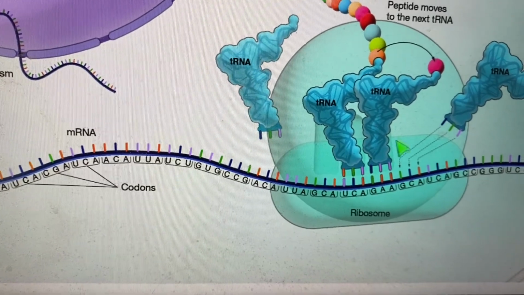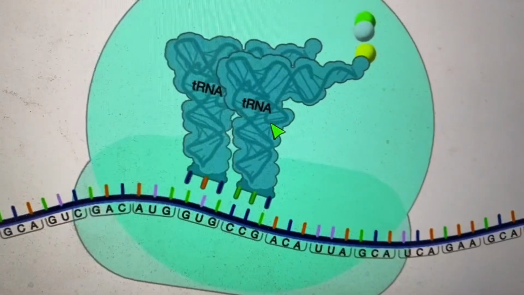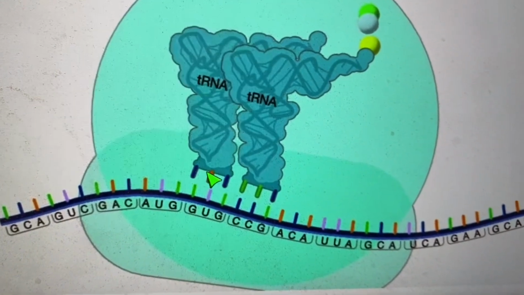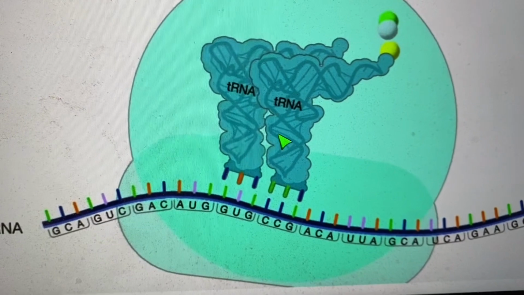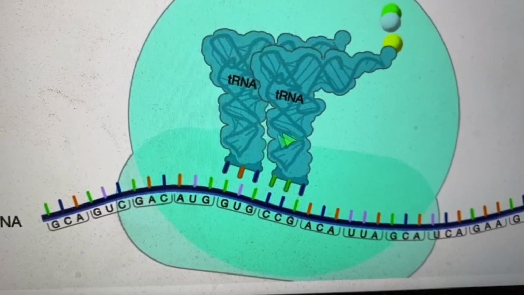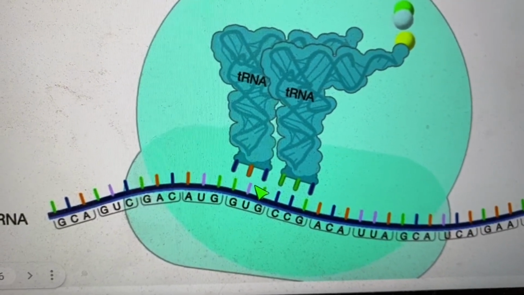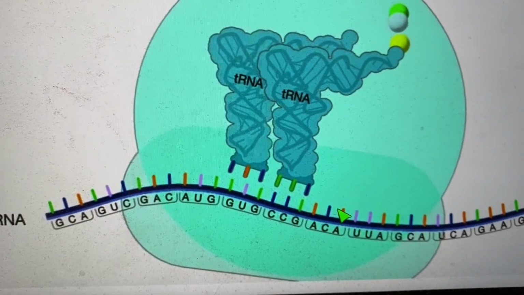If those match up, they'll drop off that amino acid. This is called translation: tRNA bringing amino acids to the ribosome to match up with the codons of the mRNA molecule.